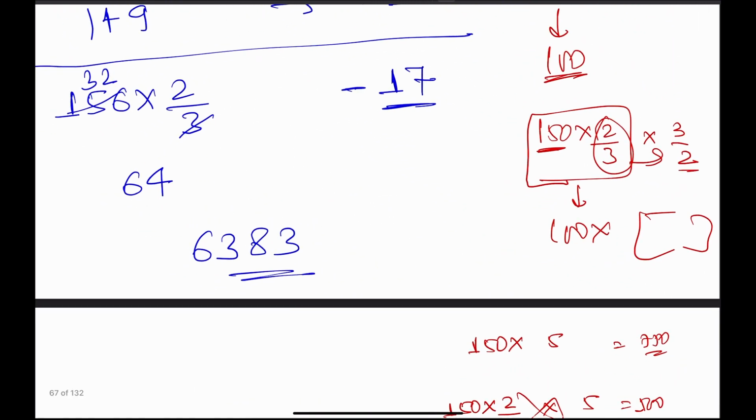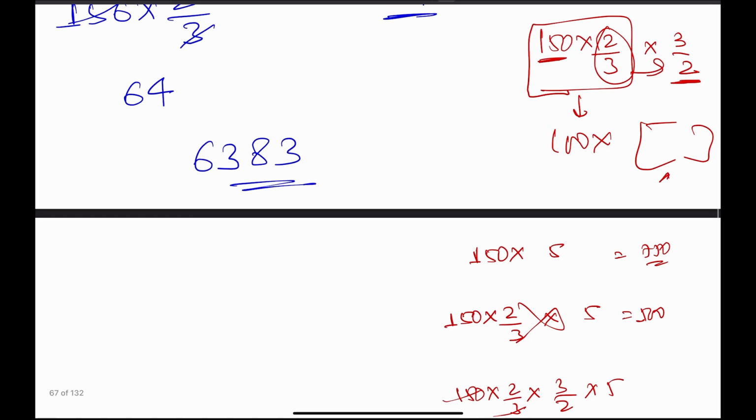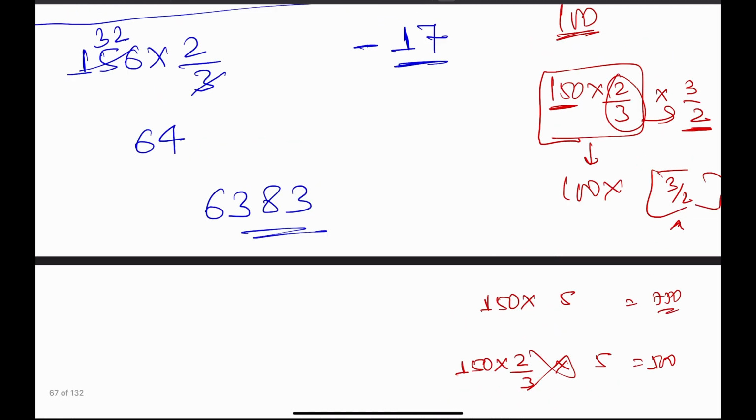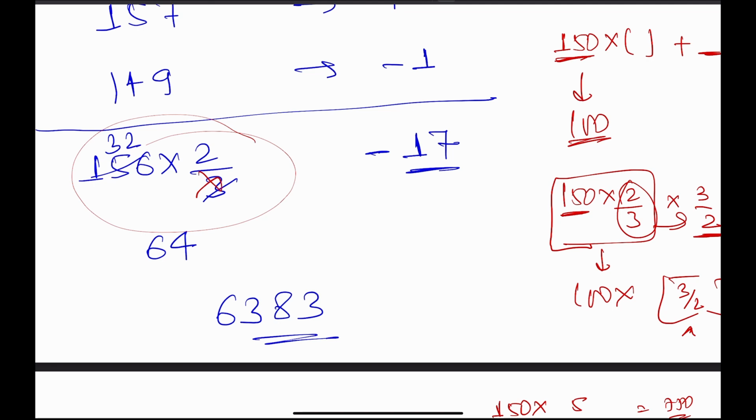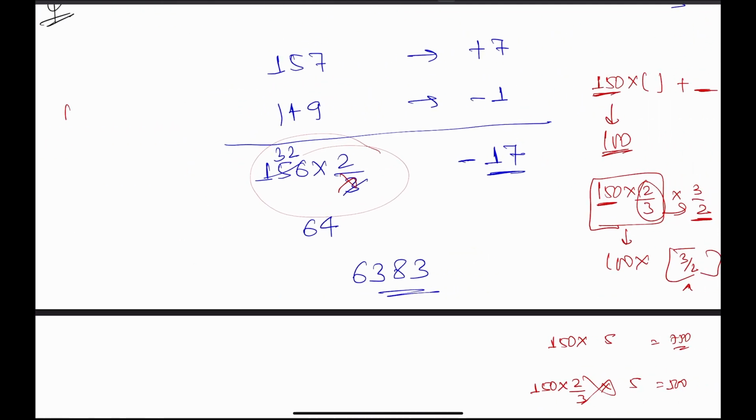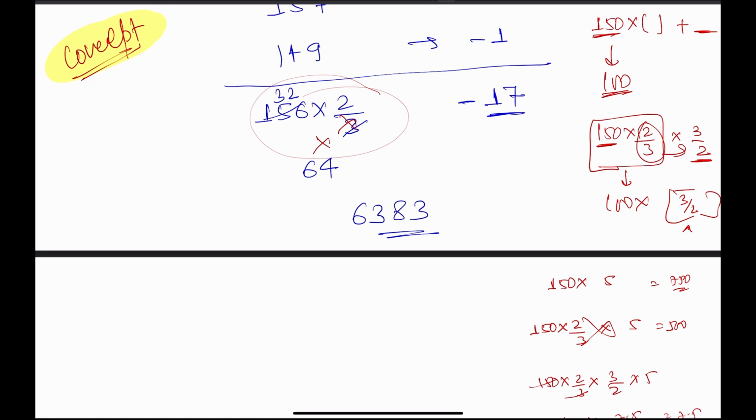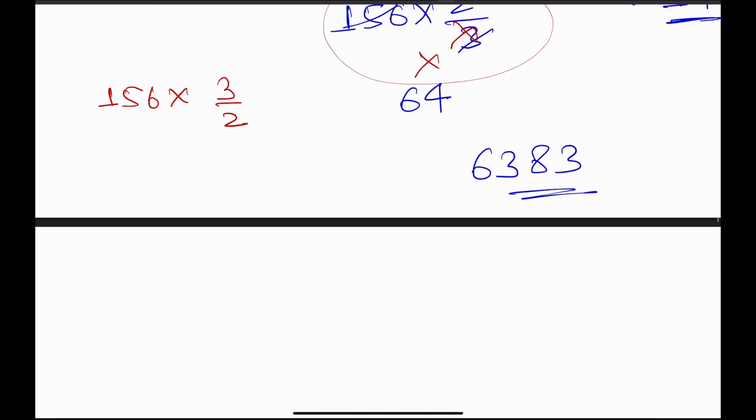So this part is going to be multiplied by 3 by 2, not 2 by 3. This is my mistake. Okay, here it's a good concept. So what it should be is 156 into 3 by 2, same mistake, 3 by 2.